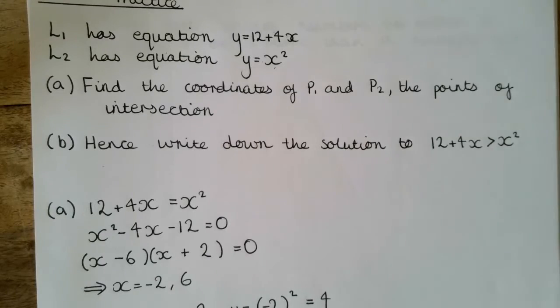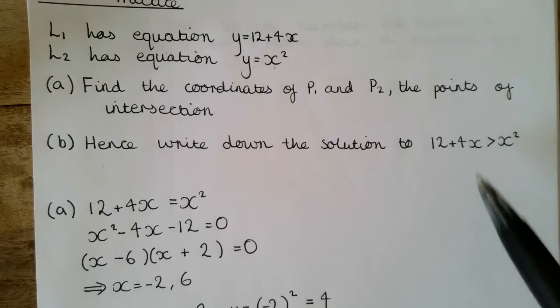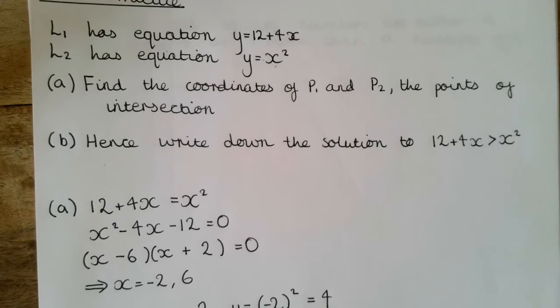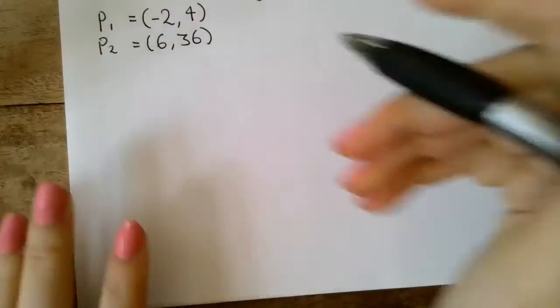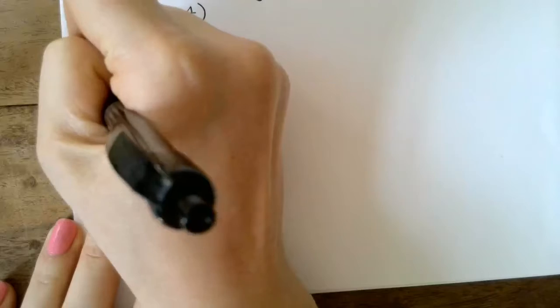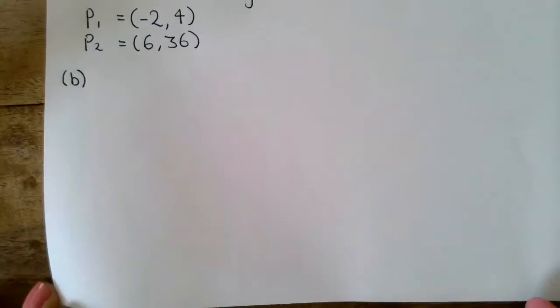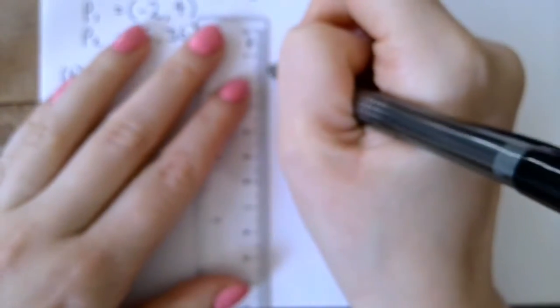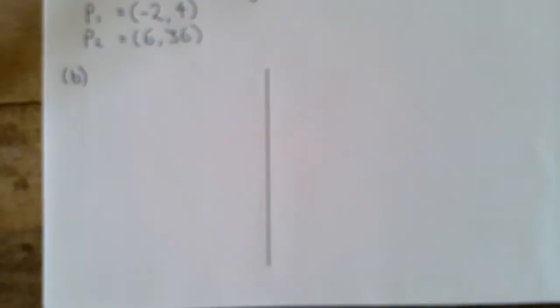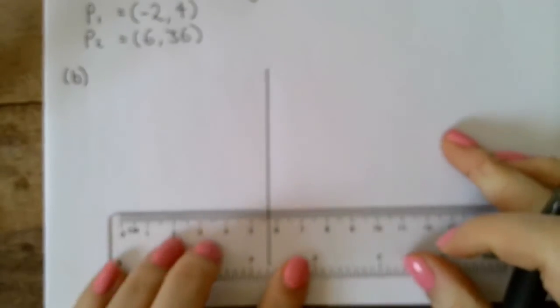Part B of this question says, hence, write down the solution to the inequality 12 plus 4x is greater than x squared. So in order for us to do that, we need to draw a sketch of our two lines. So we're going to draw our y-axis and our x-axis.